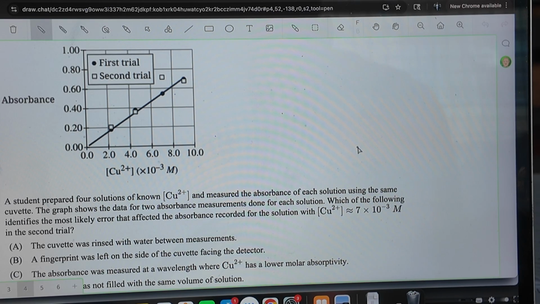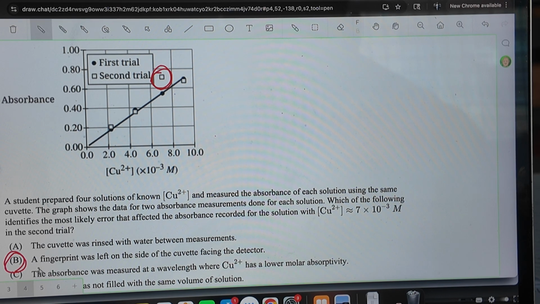So the point near 7 times 10 to the, about here, this point right here is the one in question the most, right? It's too high compared to where it should have been, right? So I'm saying it's B.